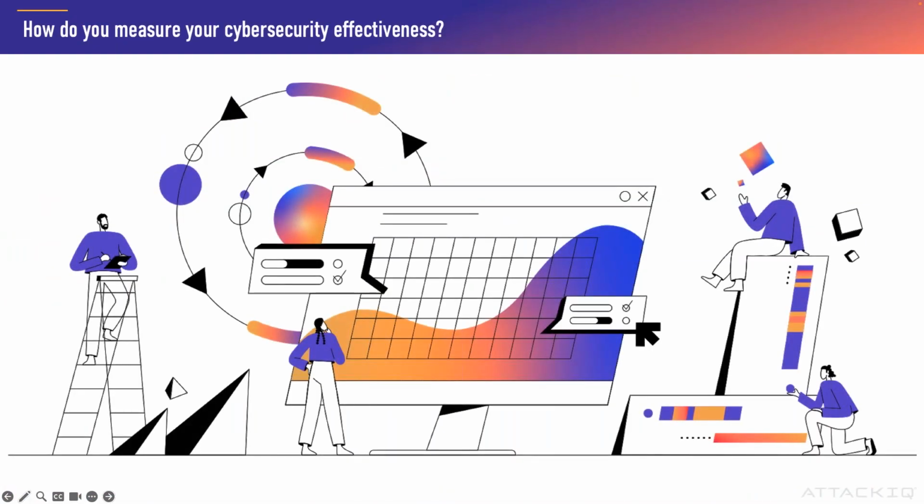So what are we trying to achieve at AttackIQ? Well, it's all about helping you understand the effectiveness of your cybersecurity posture or program that you have. And it's very important to understand how effective that is, because ultimately we're all judged by that in cybersecurity.